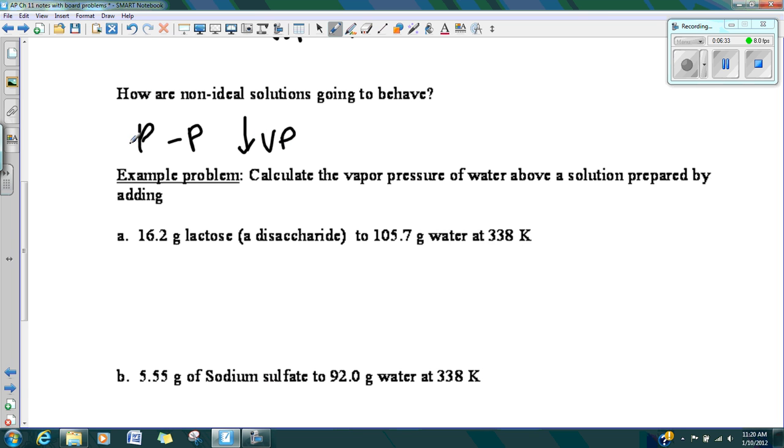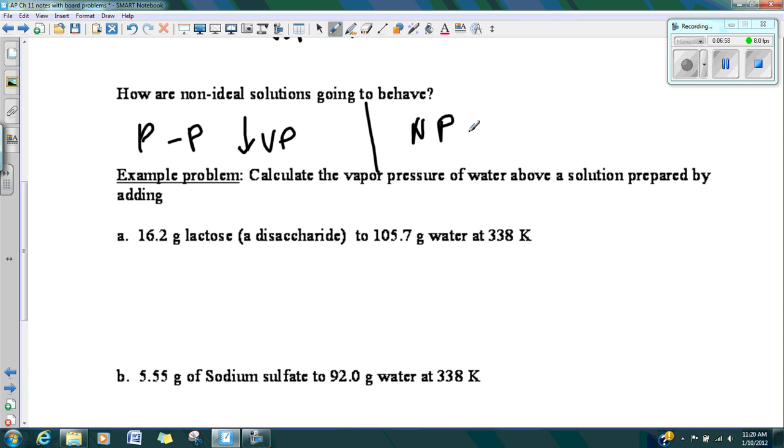So think about that again for a second. I have this polar substance. They're attracted to each other. If they are trying to reach equilibrium and they want to get into that gaseous phase, it's going to take a lot longer to do that. There are going to be fewer molecules escaping, so that vapor pressure is going to be lower. On the other side, if I have non-polar solutions, remember those interactions are very, very weak.